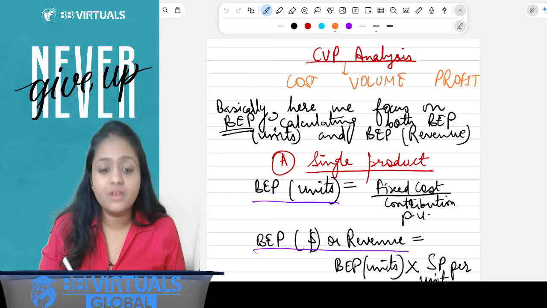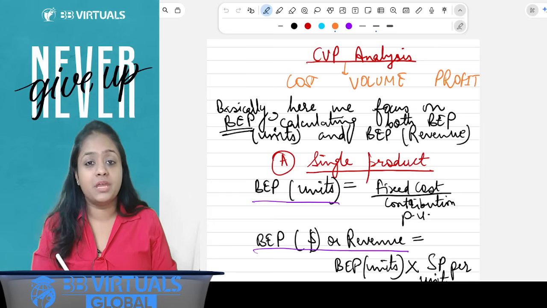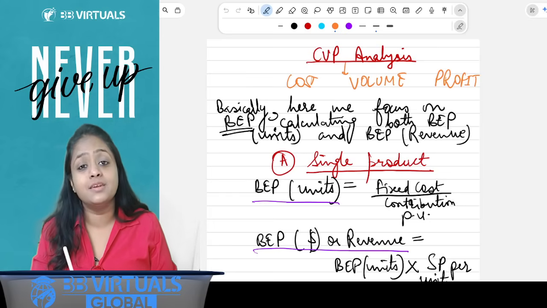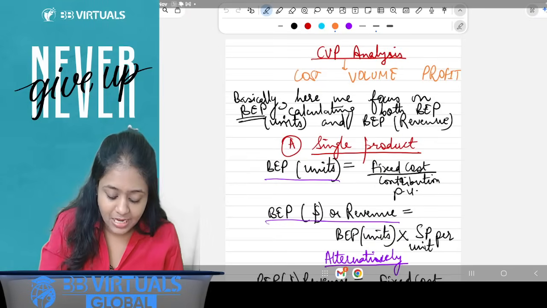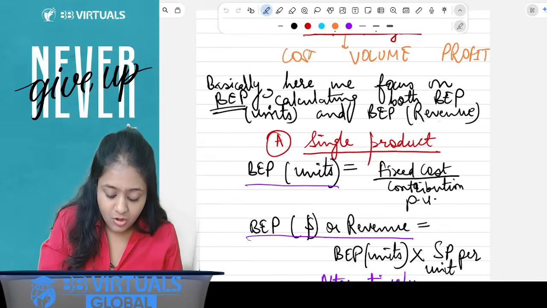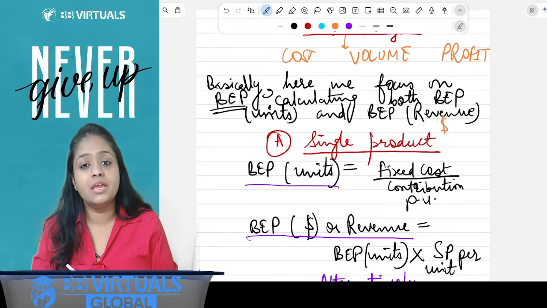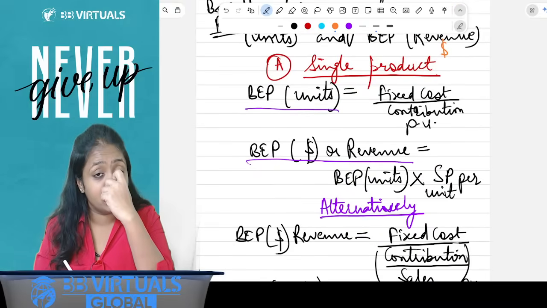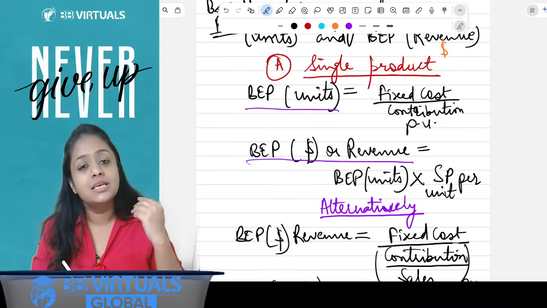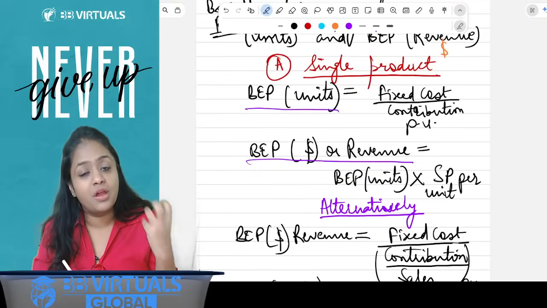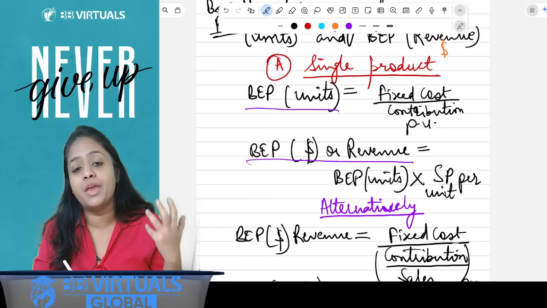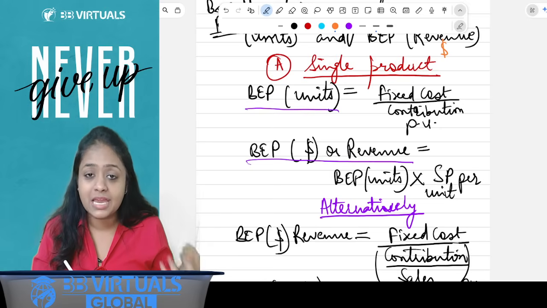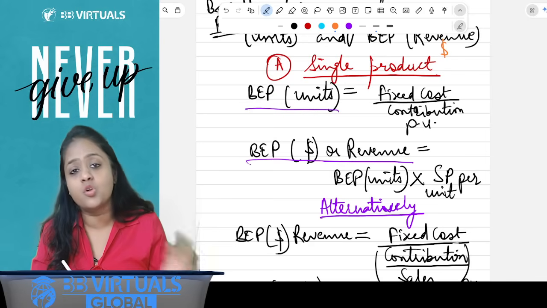Now here we focus on calculating break-even point both in units as well as in revenue. Revenue would mean that you calculate the break-even point in dollars, in the value figure. So for a single product environment, what is the break-even point in units? Simply it is the point where you have no profit, no loss, which is where your fixed cost is equal to your contribution.